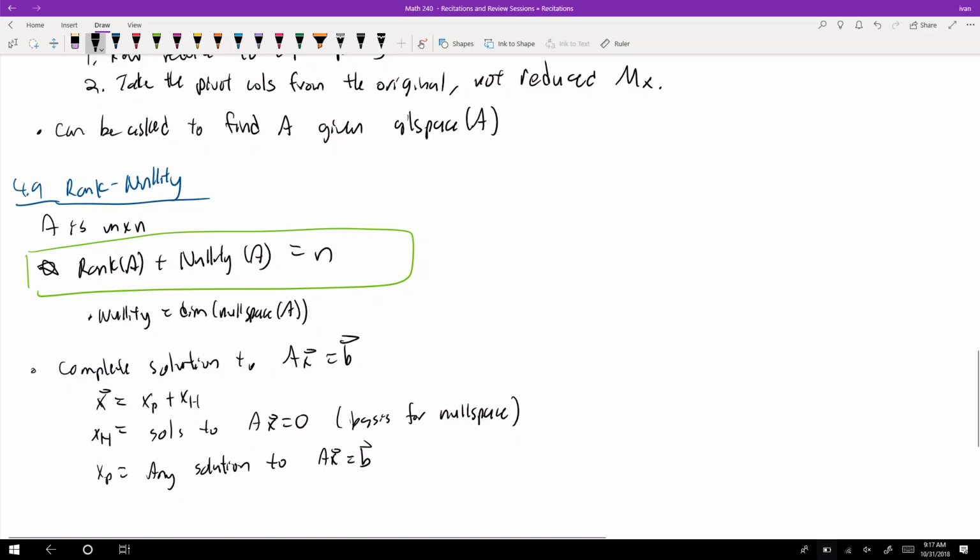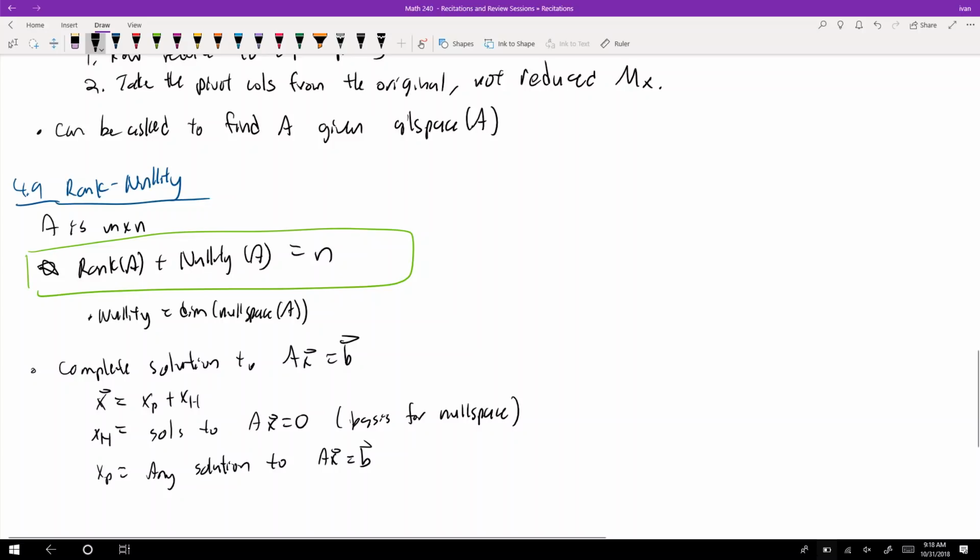Yeah. So you can say a particular solution to Ax = b. Good. This is how we structure solutions to differential equations. So we introduce it here. Are we going to be asked on the test to set something up with x_p and x_h? I mean, yeah. If the question asks you to do that.